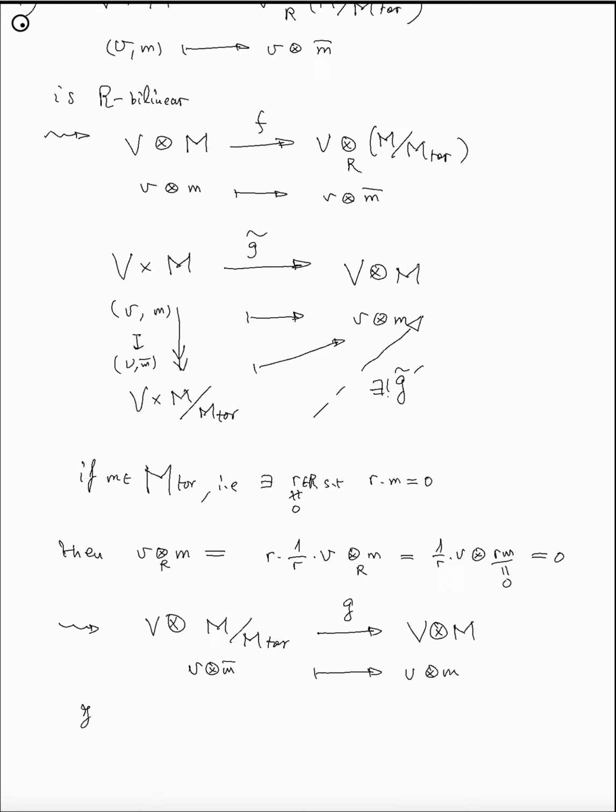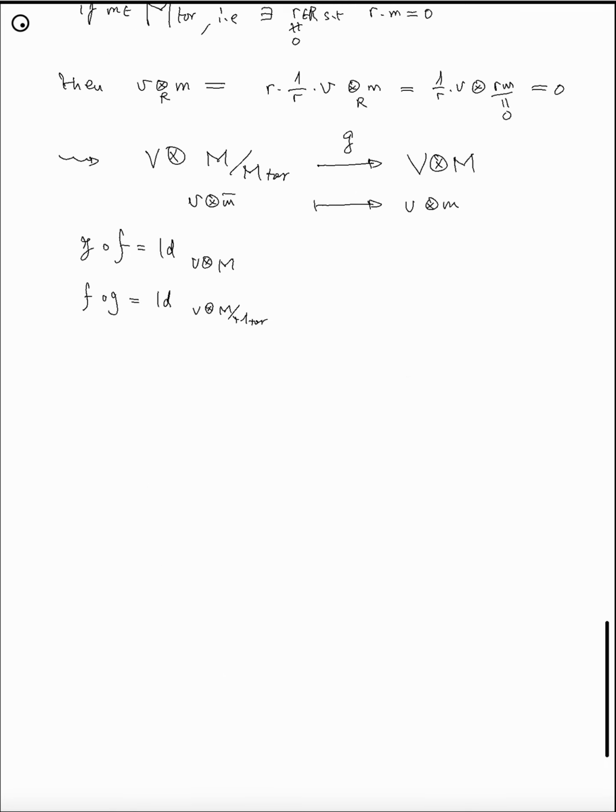And then check G composed with F is the identity on V tensor m, and F composed with G is the identity on V tensor m quotient m tau. Then left it to check.